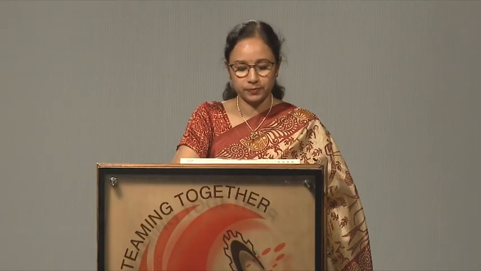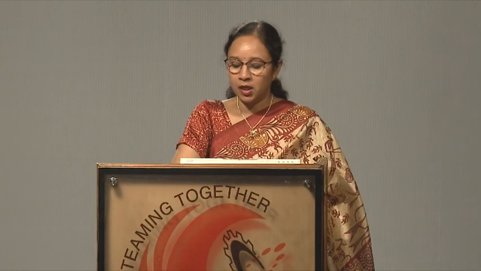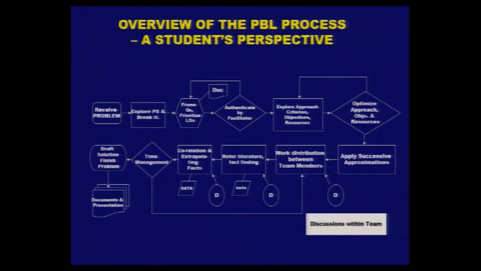The intervention is again very, very subjective to the groups. Some groups may require a lesser amount of intervention, some groups may require more. Apply successive approximations. Work distribution I have already mentioned. Collaborative learning is very much dependent upon work distribution and how the teams are working together.